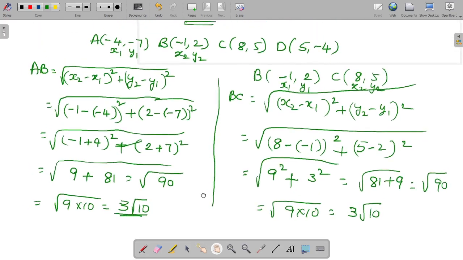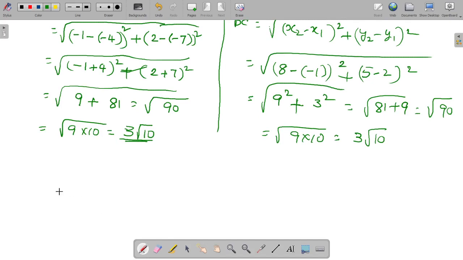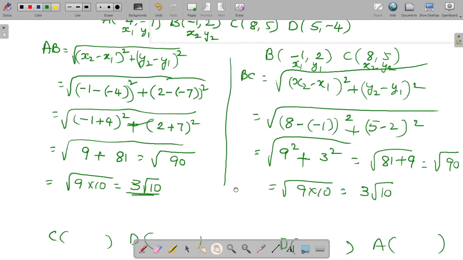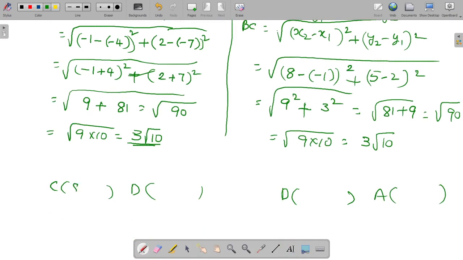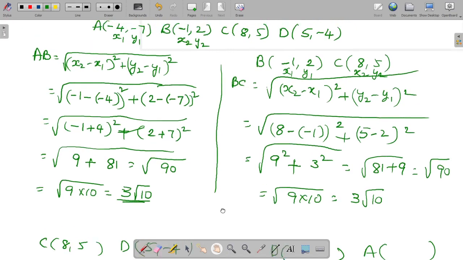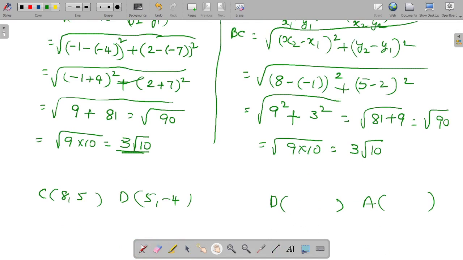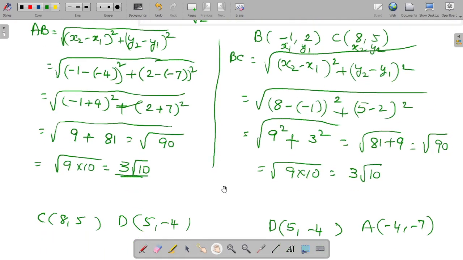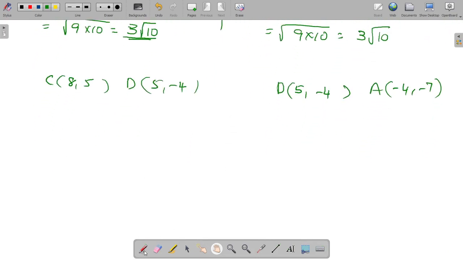After that, CD. The points are C (8, 5) and D (5, -4).